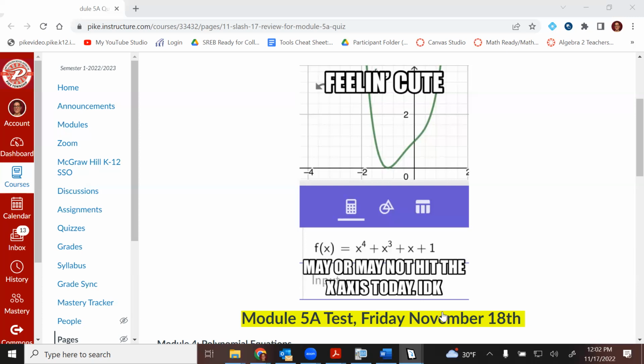What can I take out of these two? X squared. What about these two? Negative 9. All right, so I have x squared minus 9.